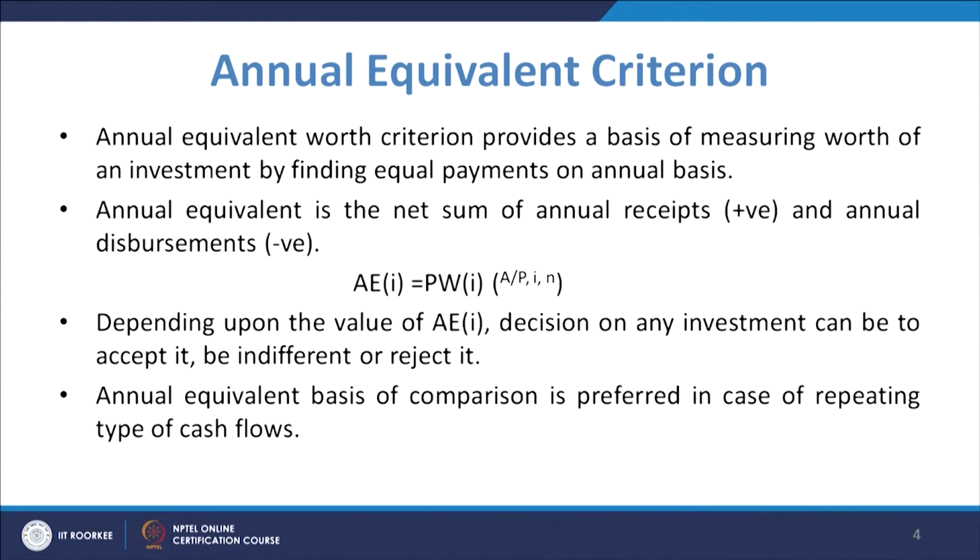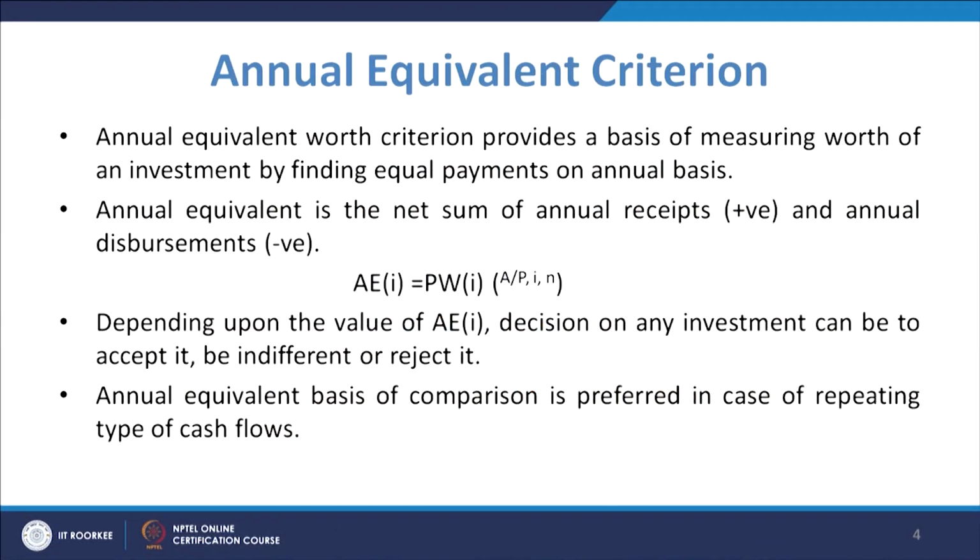Depending upon the value of AEI, the decision on an investment can be to accept it, be indifferent, or reject it. Similarly, if you have to pay, you have to see that you are getting the lesser value, or if you are on the gain side, you can go for the larger value of AEI. And the annual equivalent basis of comparison is preferred in case of repeating types of cash flows.